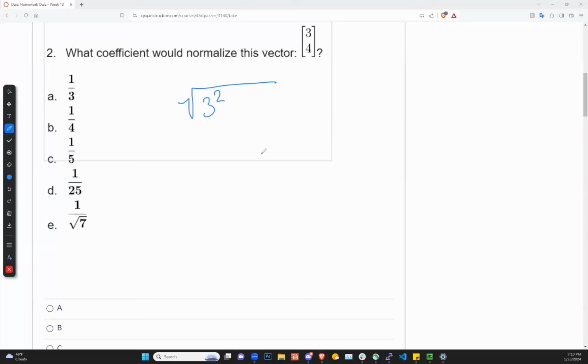The first number is 3, so we take 3 squared and add that to the second number squared, which is 4 squared. 3 squared is 9. 4 squared is 16. 9 plus 16 is 25. So we get the square root of 25, and then the square root of 25 is 5. So the length of this vector is 5.